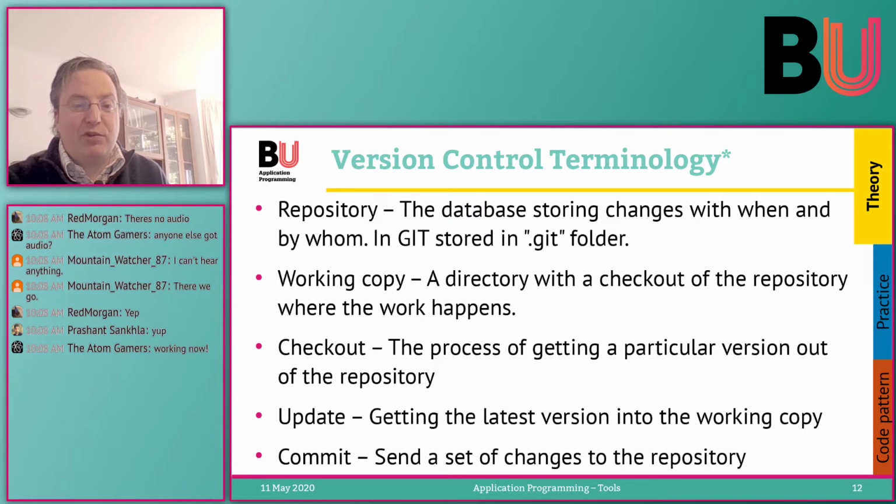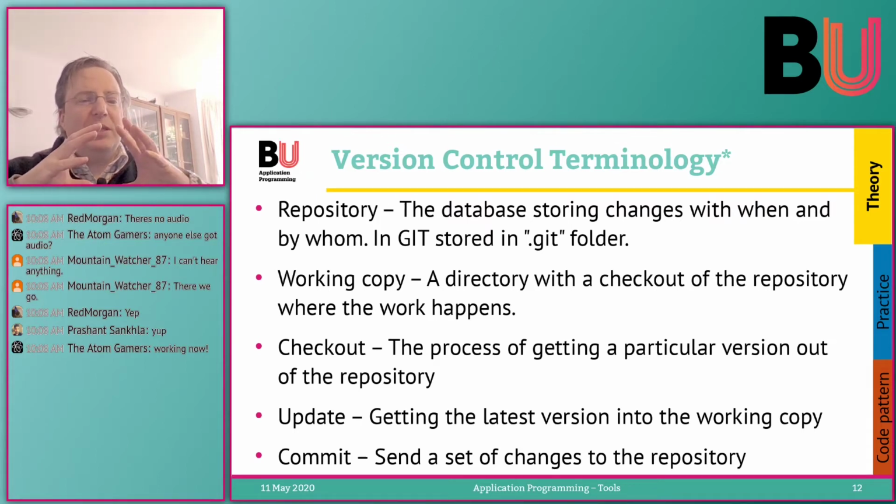You cannot directly edit this. I mean, there are some bits you can, but the database itself you normally do not edit by hand. In Git, that is stored in the .git folder. Git is a distributed version control, so every place where you have a Git, you also have a repository.